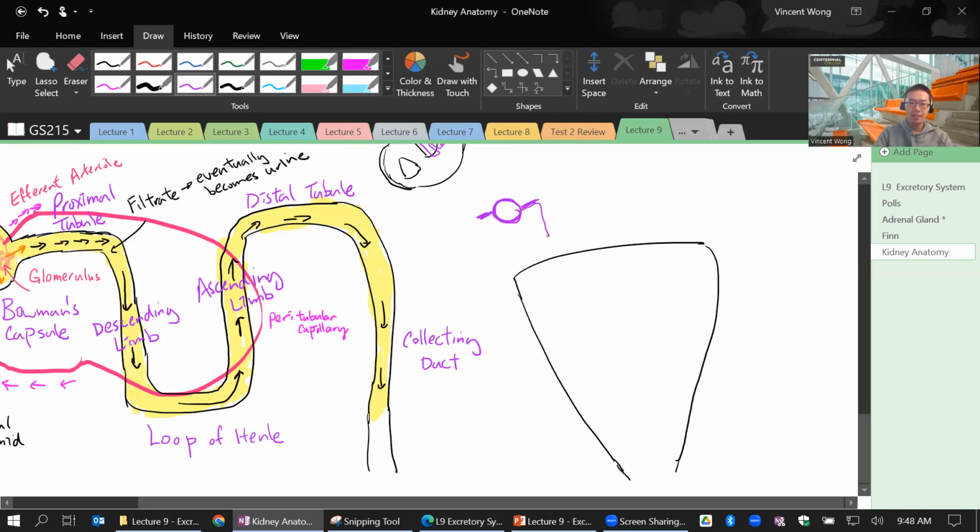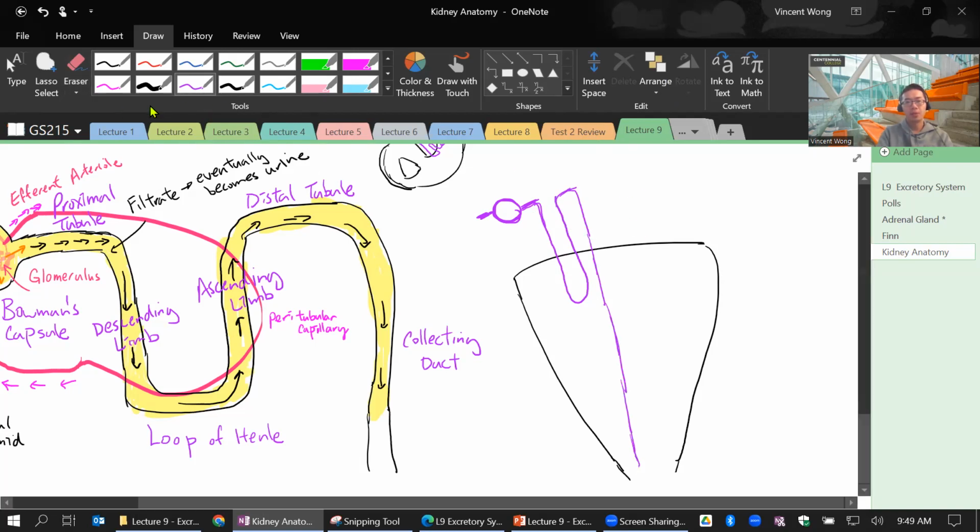The loop of Henle will dip into the medulla and then come back up. So descending limb, ascending limb, distal tubule, and then the collecting duct will go back down into the medulla and go all the way to here.